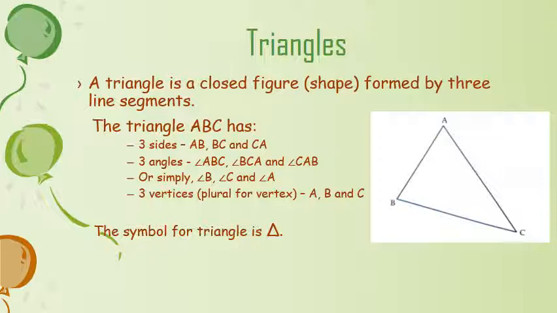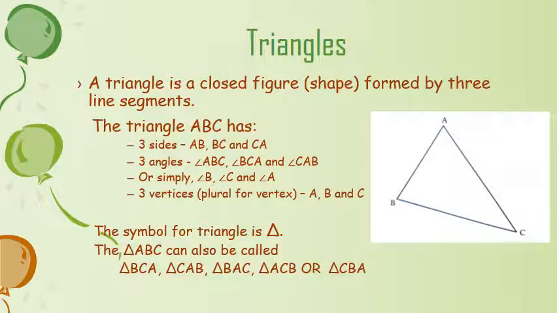Can you see the symbol? Yes. So this is the symbol for triangle. The triangle ABC can also be called triangle BCA, triangle CAB, triangle BAC, triangle ACB or triangle CBA.